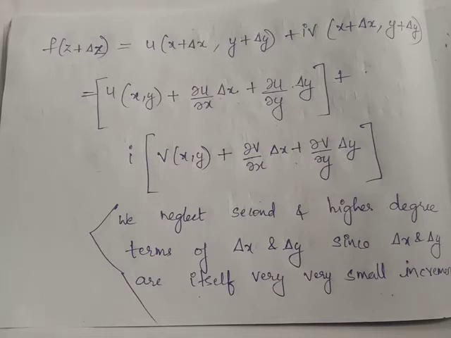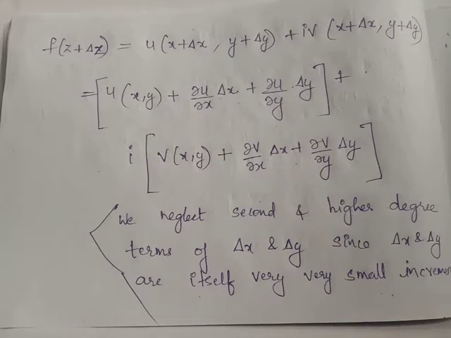Here we have neglected the higher powers of delta x starting from the second order power, because delta x and delta y are very small increments, and hence their square terms will be even more negligible.